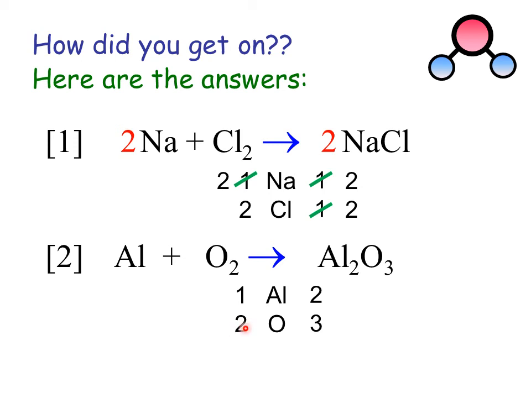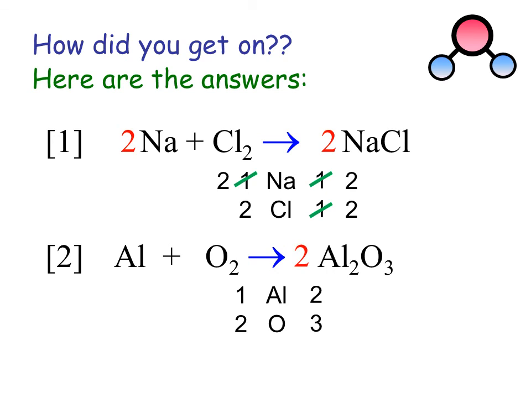When you have 2 and 3, obviously there's nothing I can multiply by 2 to make 3, and there's nothing I can multiply by 3 to make 2. So can you figure out how we might fix it? We're going to have to multiply the 2 by 3 to get 6, and multiply 3 by 2 to get 6. Let me show you how it works.